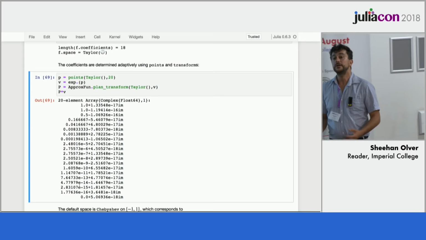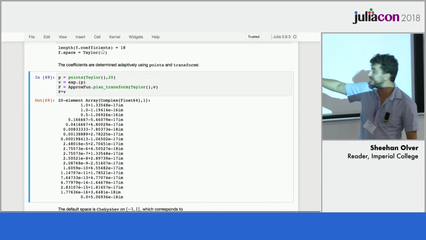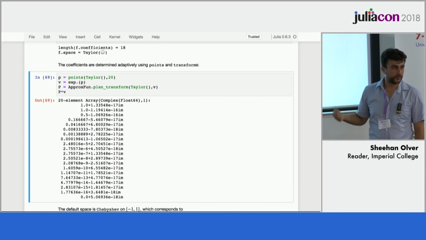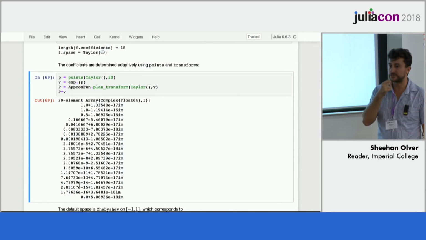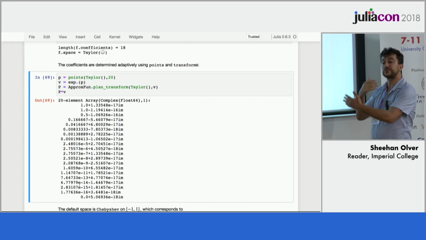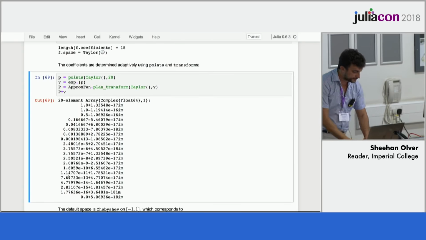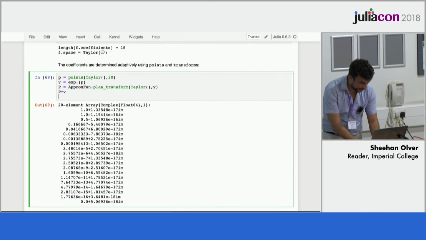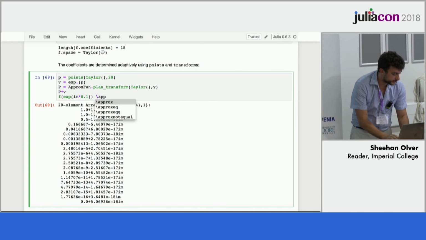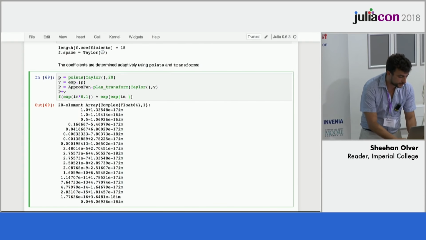Probably it's converged. If it hasn't seen that decay, it would increase the number of points until we see decay, or it would eventually reach 1 million or so points and give up, but that's another issue. So it adaptively increases the grid, does a transform, checks for decay, and then does a sanity check to make sure that f at some random point is approximately the approximation at some random point.